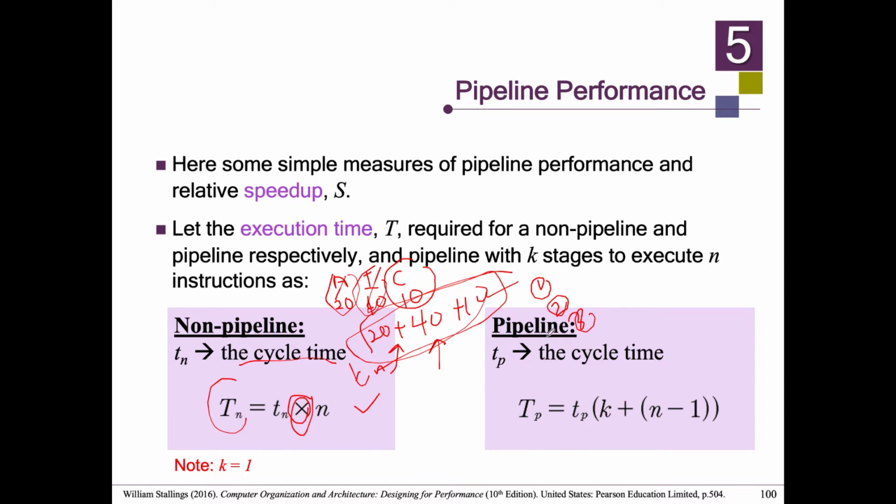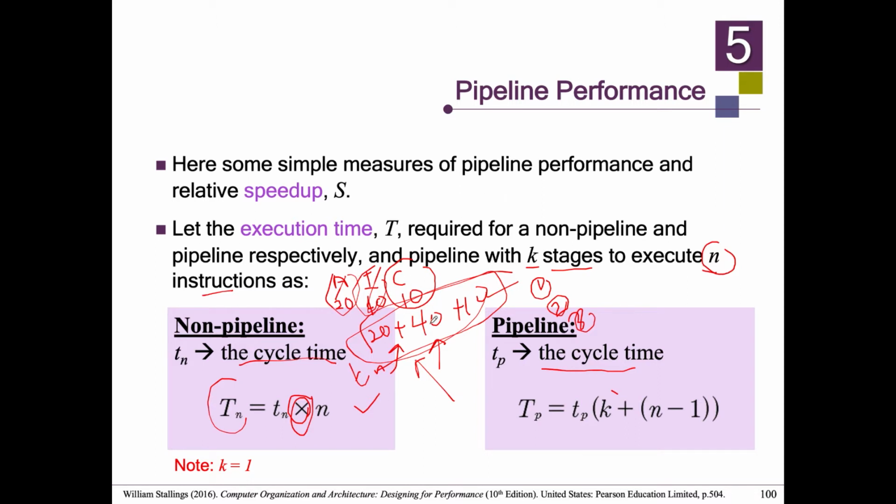While for pipeline, in the same scenario, I will use the cycle time tp. What is your K? K is how many stages, and N is the number of instructions.